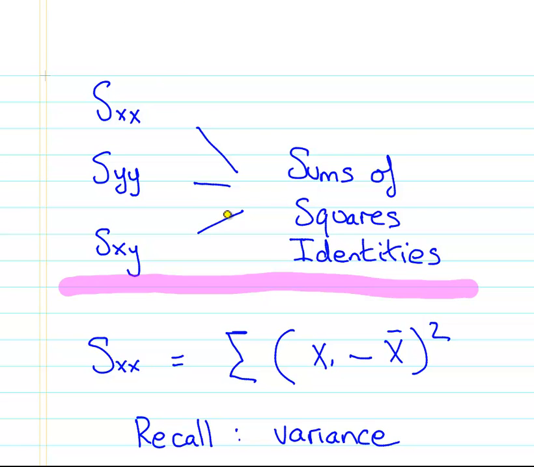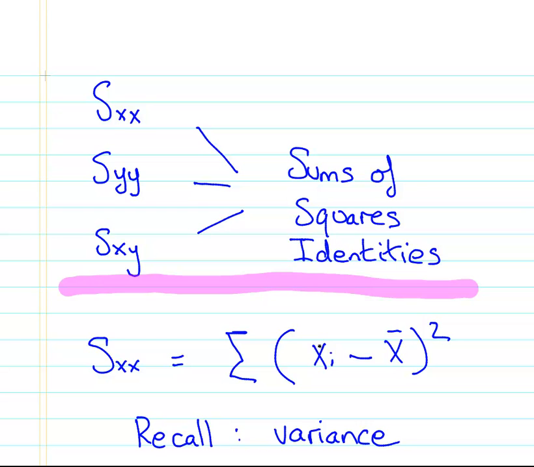This is SXX, and this is essentially, for each value in a data set X, subtract the mean, square it, and add all the terms up. This is actually how we would compute the variance of X. To compute variance, we just divide by n minus 1, where n is the sample size.